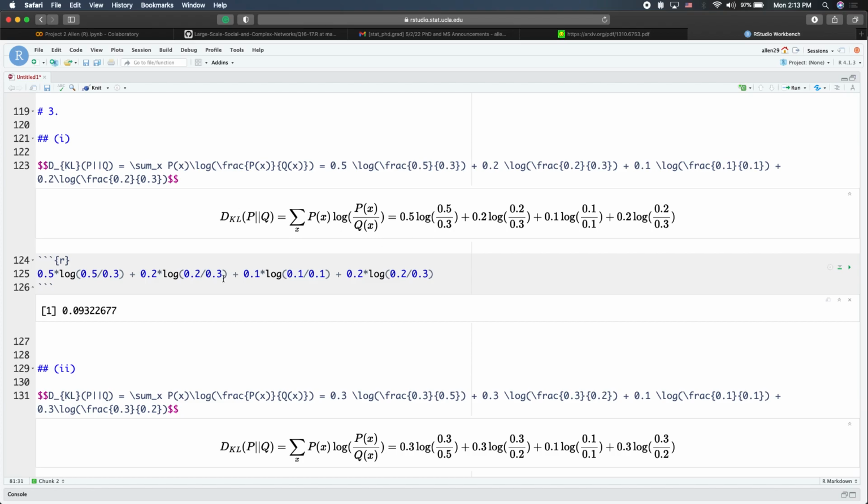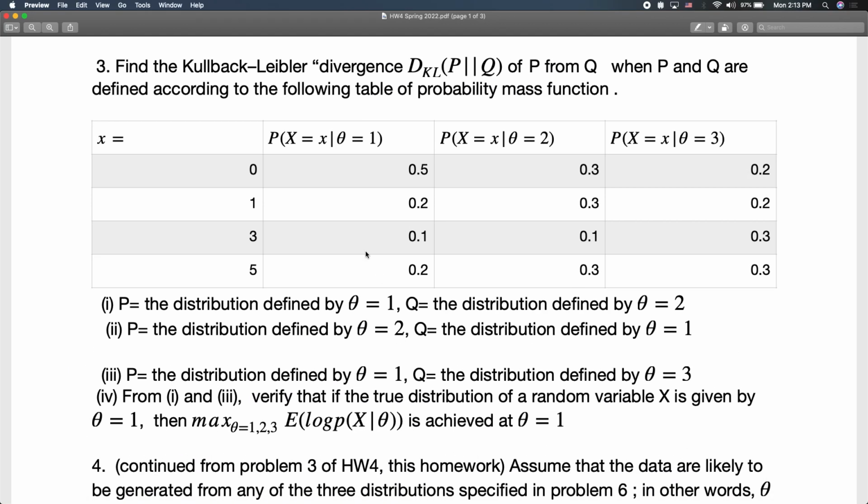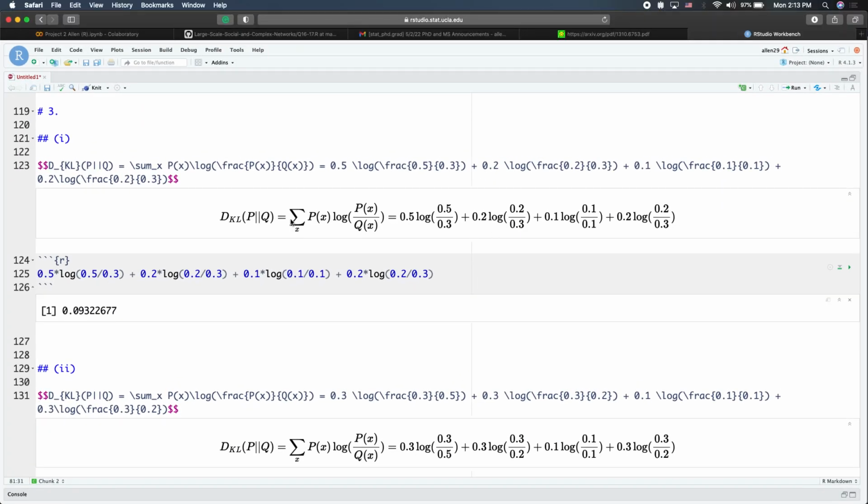So in our case, question 1 is for theta 1 and theta 2. So basically, we're trying to calculate the divergence between this distribution and this distribution. So sum over all possible x: 0, 1, 3, and 5.